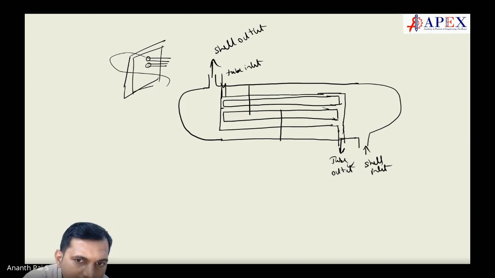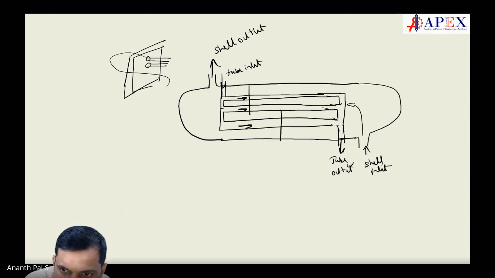Now what is happening here? This is considered as counterflow, although inside it goes like this. It goes inside maybe in between here like this. This is shell inlet, and because of the baffles, this is how in the tube it goes.